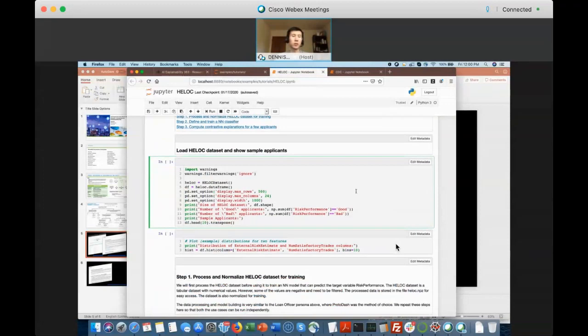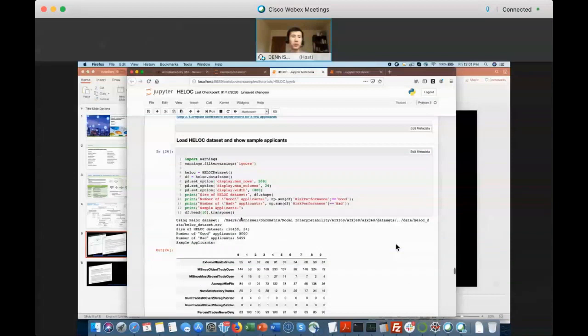That's what's called post-hoc, and we're using the contrastive explanations method in particular to give those post-hoc explanations. Getting the neural network model is running the same code as before.